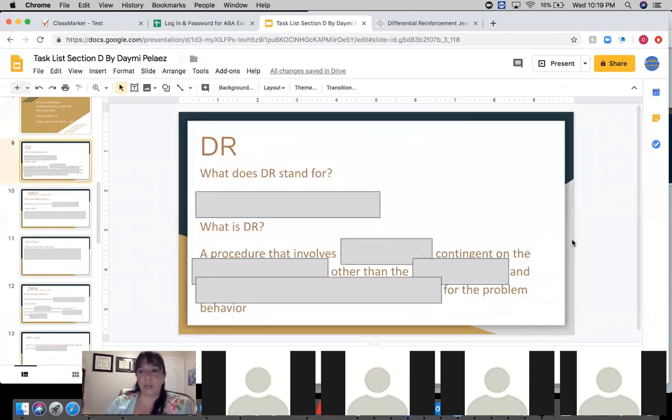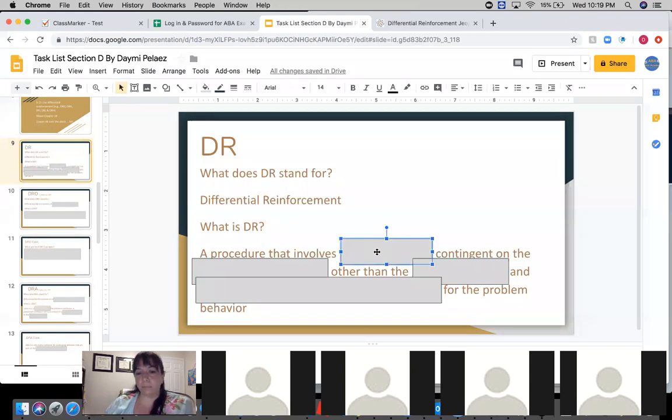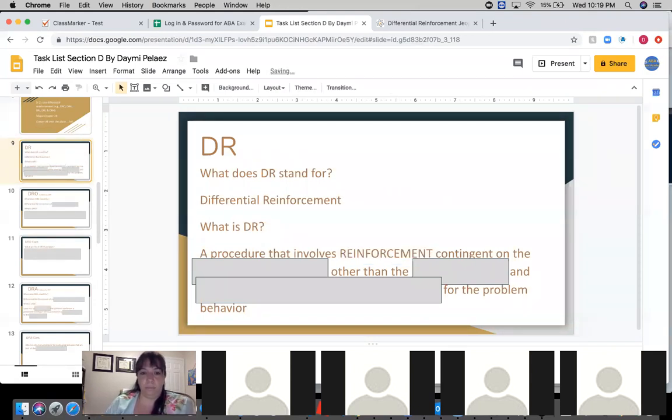Okay, first let's start with DR. What does DR stand for? Differential reinforcement. Perfect. And what is DR? A procedure that involves reinforcement contingent on the occurrence of a behavior other than the target behavior.